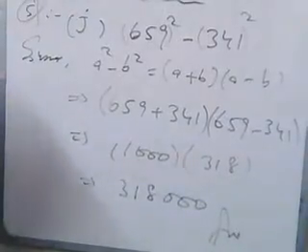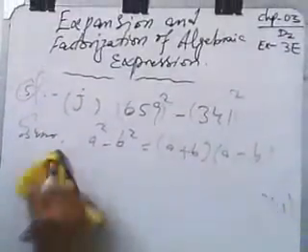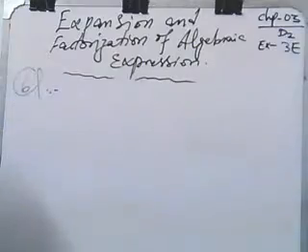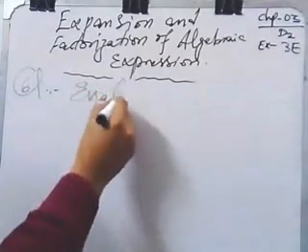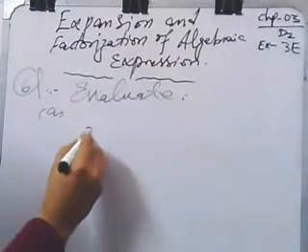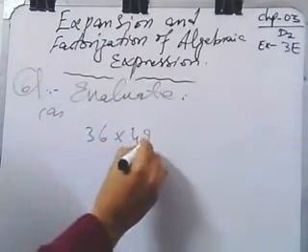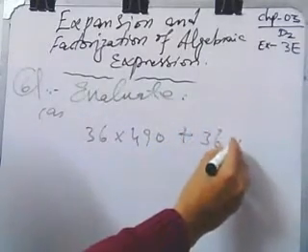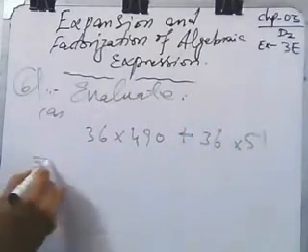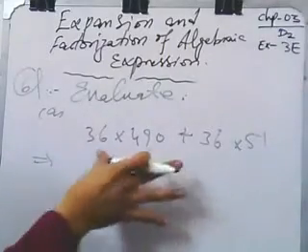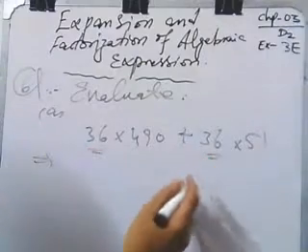So coming to question number 6. Evaluate. Question A part, that is 36 multiplied by 490 plus 36 multiplied by 51. First of all you have to take a common factor, because 36 is here and 36 is also here.